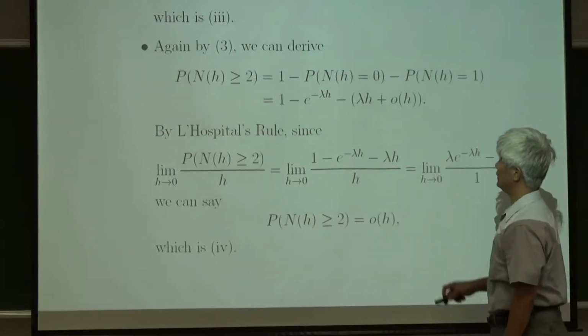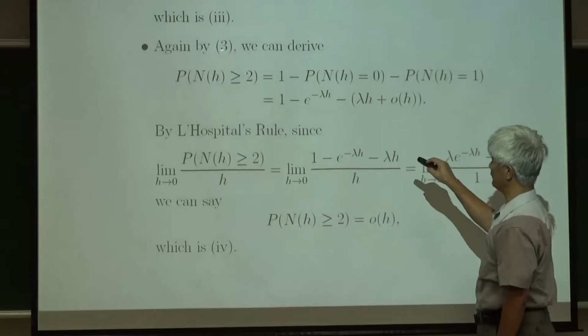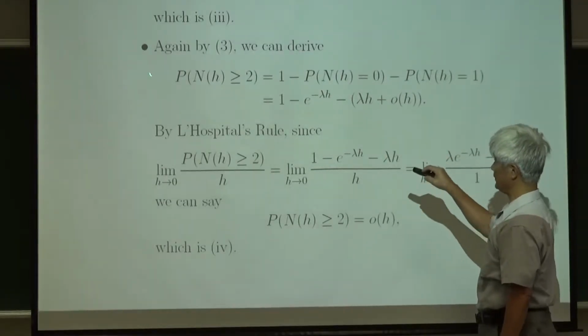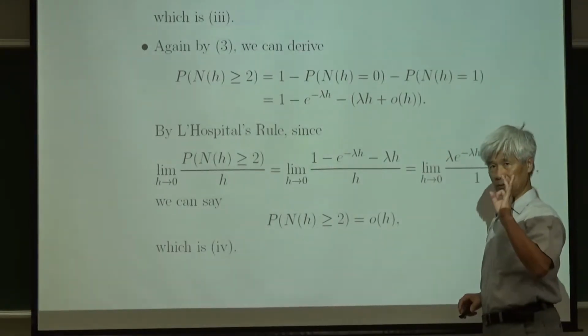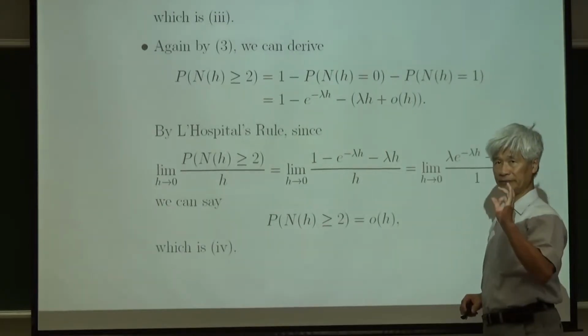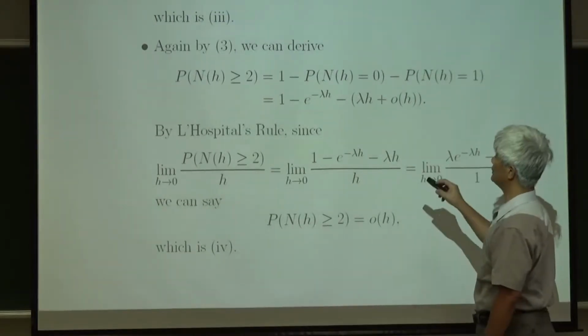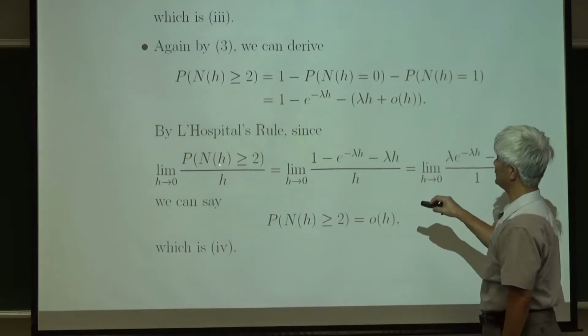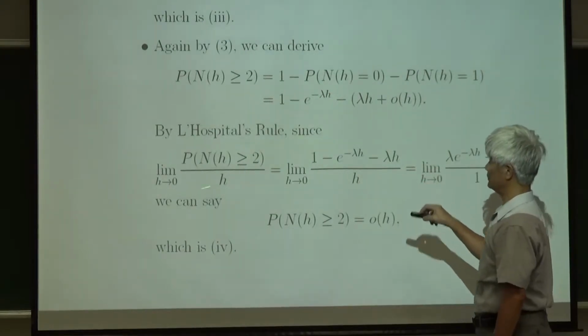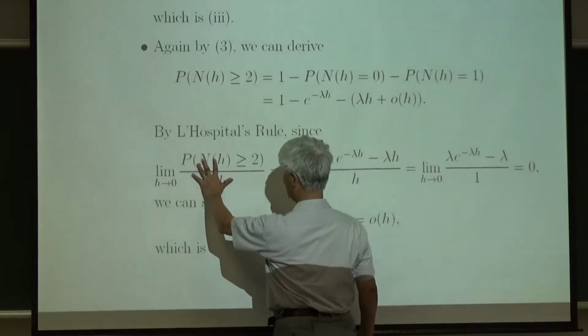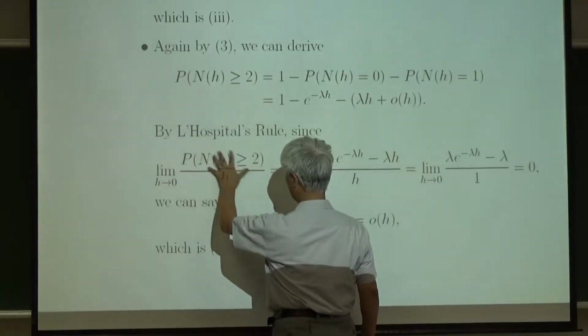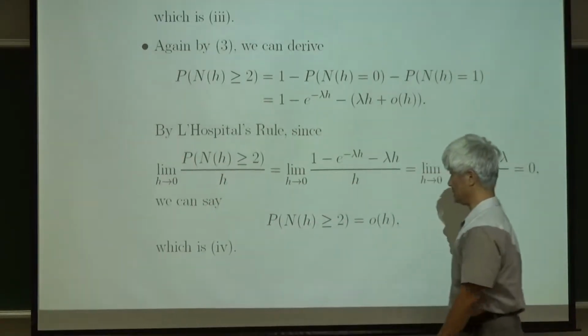Now our purpose is to prove that this probability is a little o function of h. So we just check whether the limit of this ratio goes to 0 as h goes to 0.